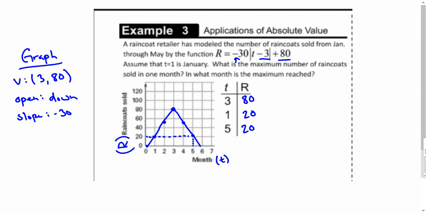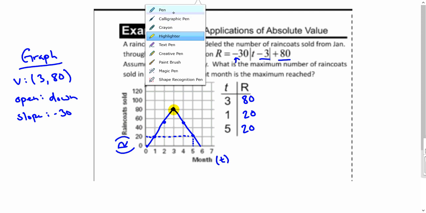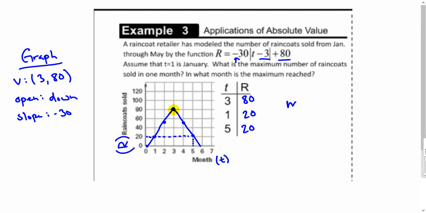Well, what's the highest number on here? If it's me looking at it, I'm going to look at the top of that mountain and say, blam, that guy right there. So max sold is going to be 80. In what month is the maximum reached?